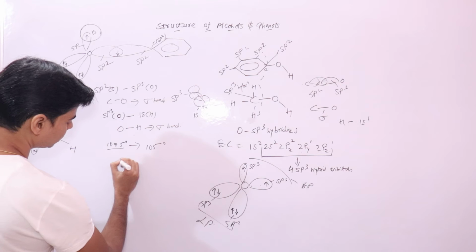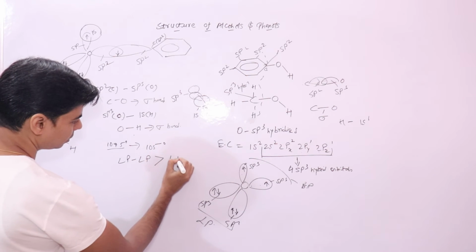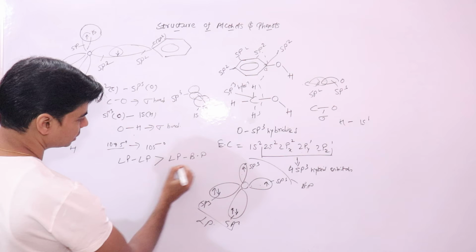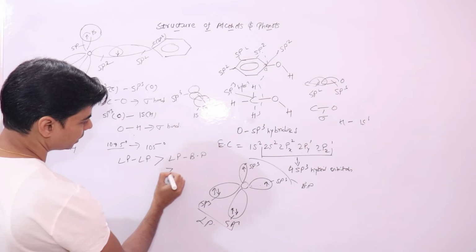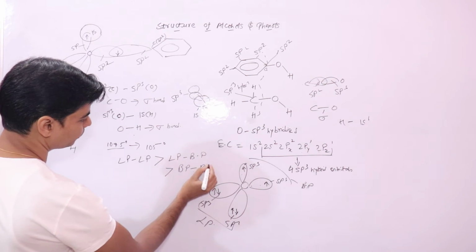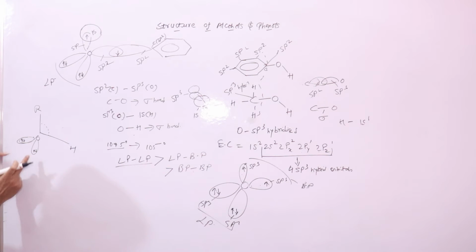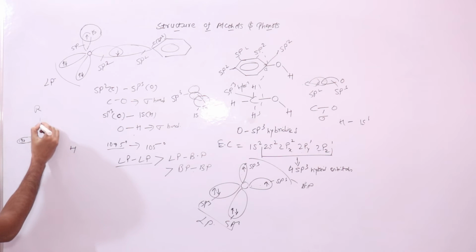The reason is, we know that lone pair repulsion is greater than lone pair bond pair repulsion, and lone pair bond pair repulsion is greater than bond pair repulsion. So you have maximum repulsion between lone pairs. That means these two will repel one another, since they are lone pairs of electrons, and they will decrease this bond angle.